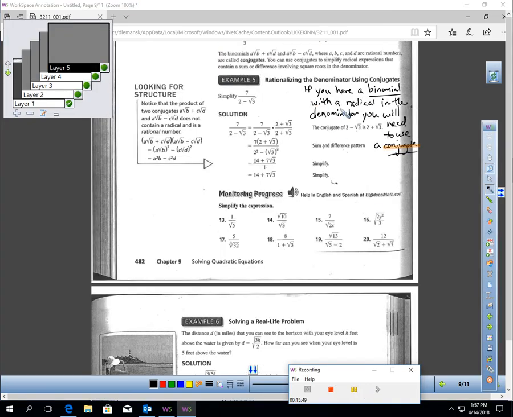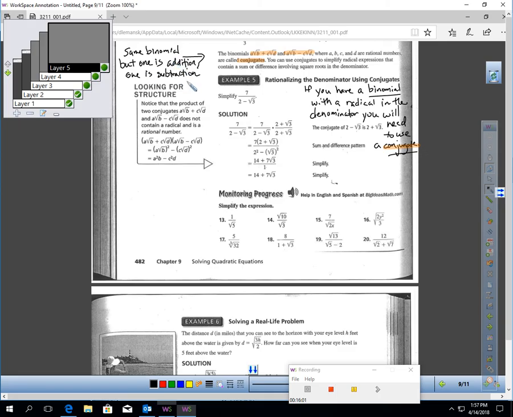If you have a binomial with a radical in the denominator, you will need to use what's called a conjugate. So you're like, what the heck's a conjugate? Okay, it's a pretty simple thing. A conjugate is the same binomial, but one is addition and one is subtraction. So look at this question, because this question has exactly what I'm talking about.